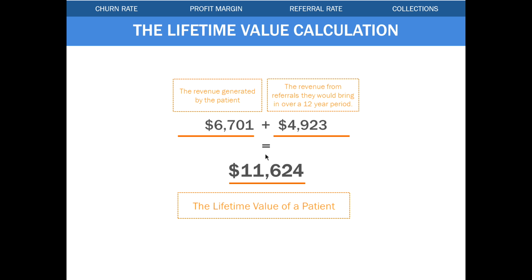But remember, that's $11,624 for the value of every new patient, and that's over a 12-year period. So that's a return of about $900 a year. And if over time your internal marketing goes down, you'll start to lose the return that you originally had. But this is a way to look at the lifetime value.